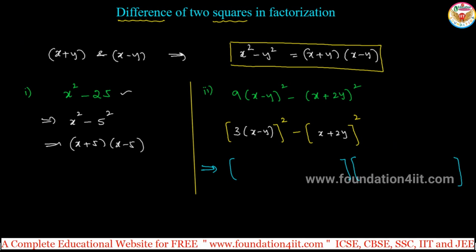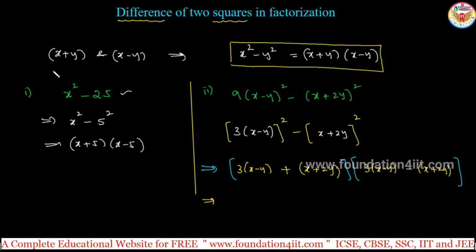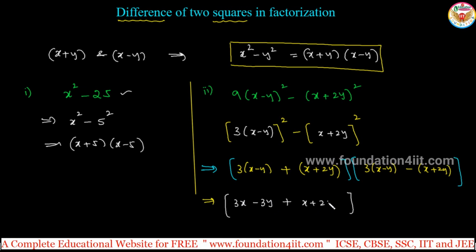You remember that. So here it is 3 into x minus y plus x plus 2y, first expression plus second expression. Again first expression minus second expression, but minus is there, so maintain the bracket x plus 2y. Whenever it's a minus, maintain the bracket for the next step because it's more than one term. Then you can simplify. First expression: 3 into x, 3x minus 3y plus x plus 2y.